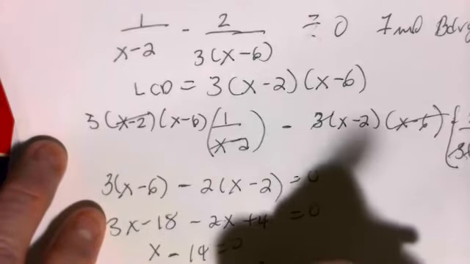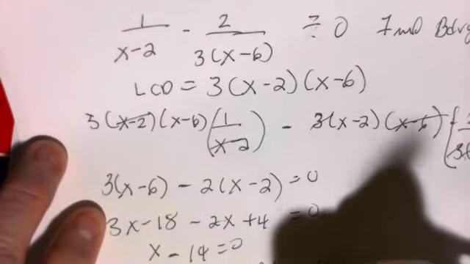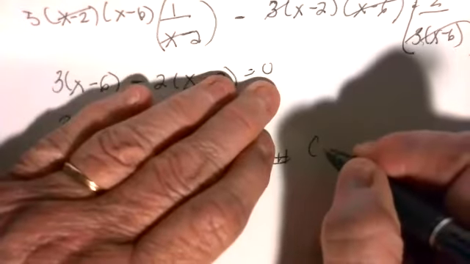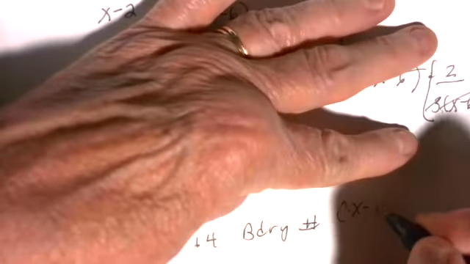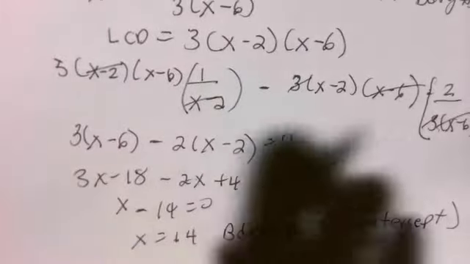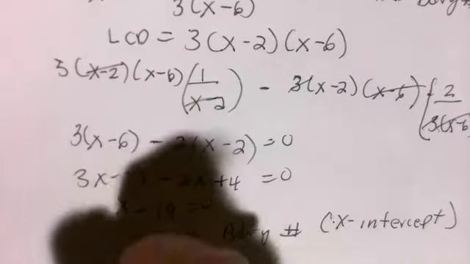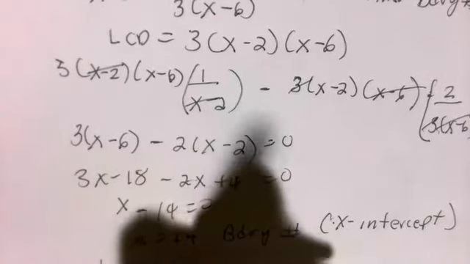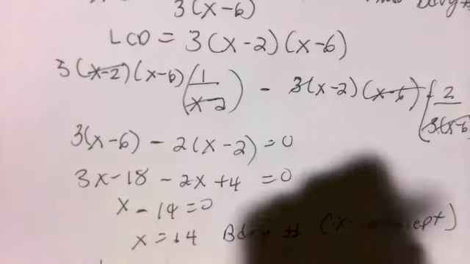Now that's going to be a boundary number. That's the x-intercept, or the 0. Now the other boundary numbers are going to be the vertical asymptotes.